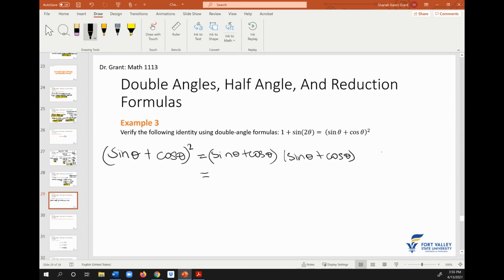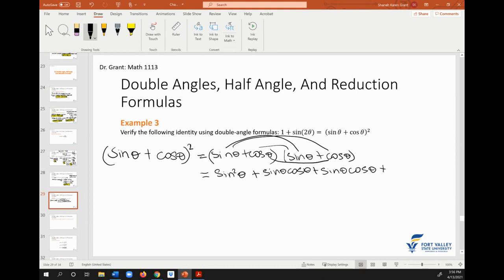If you multiply it times itself, you have sine squared theta plus sine theta cosine theta plus, I'm FOILing, another sine theta cosine theta.